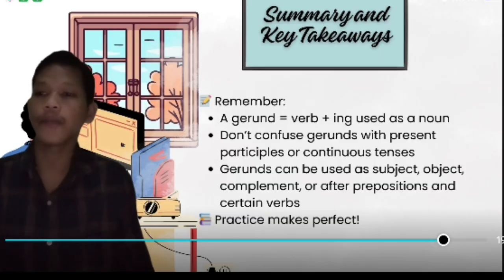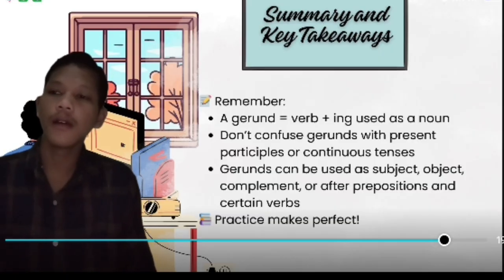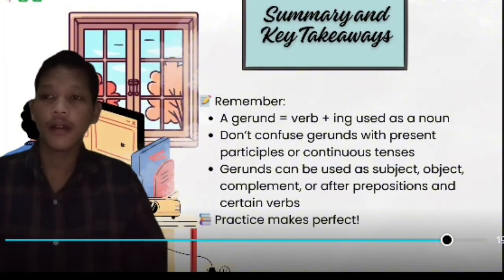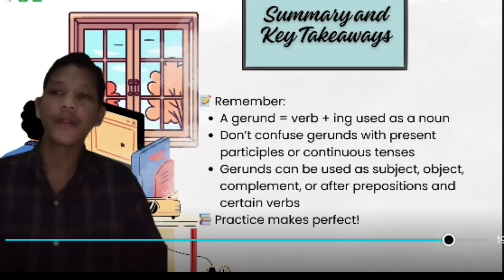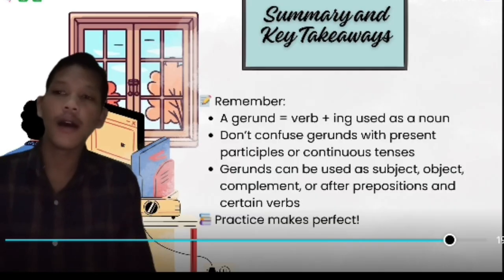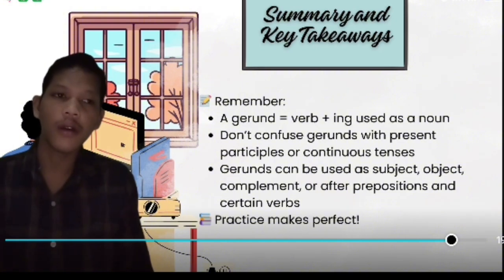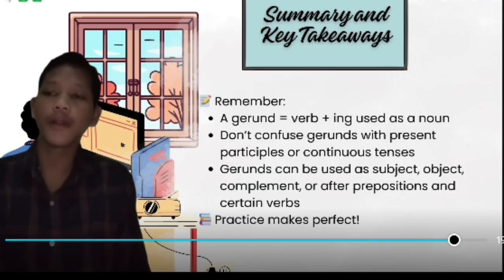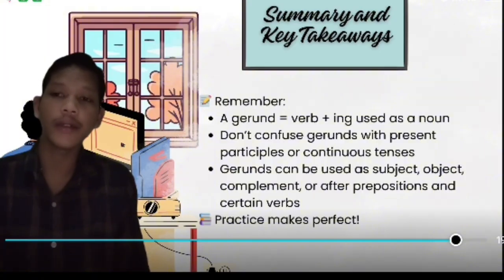So for your fast tips or easy way to understand which one is gerund or participle or continuous verb, we can use this formula. If the verb plus ing is a thing or activity, it is gerund.